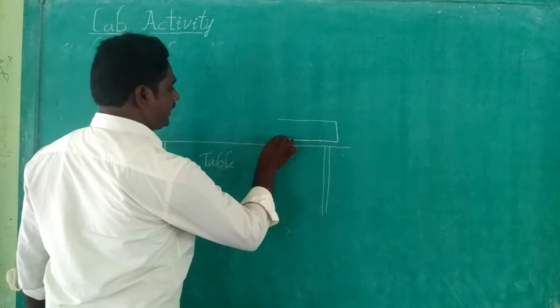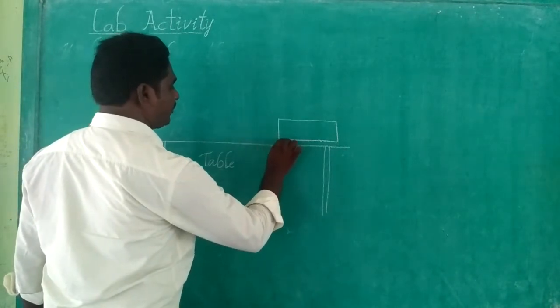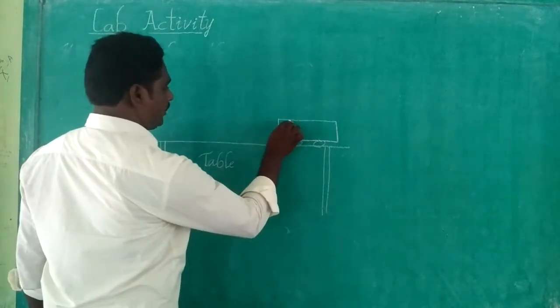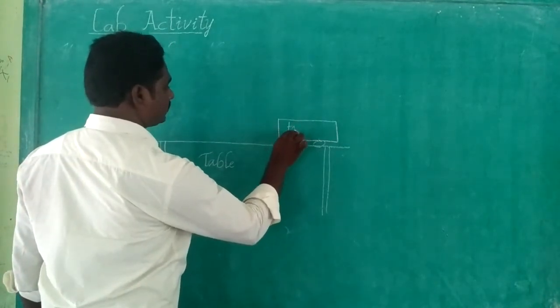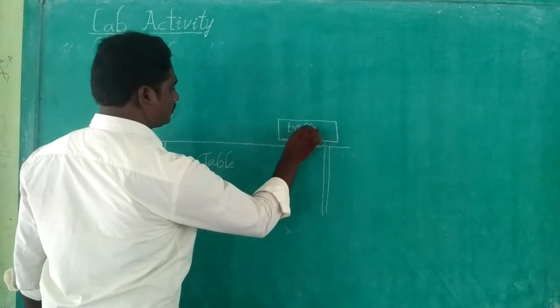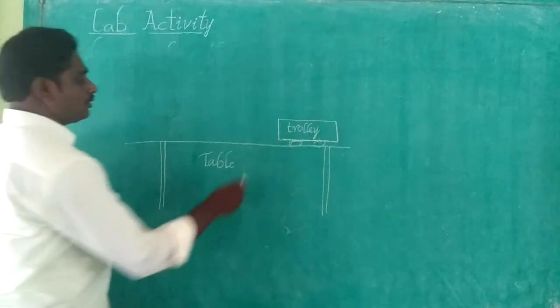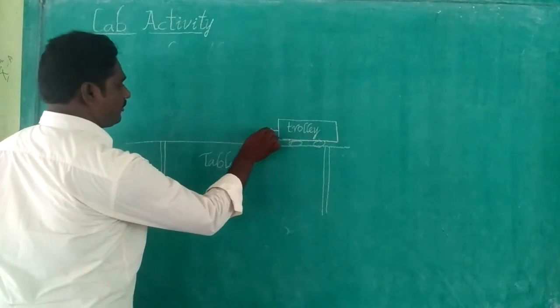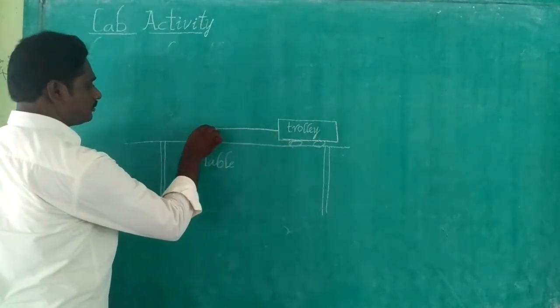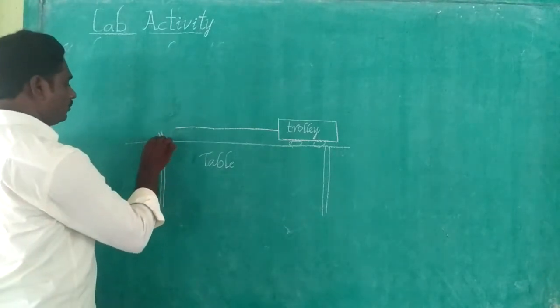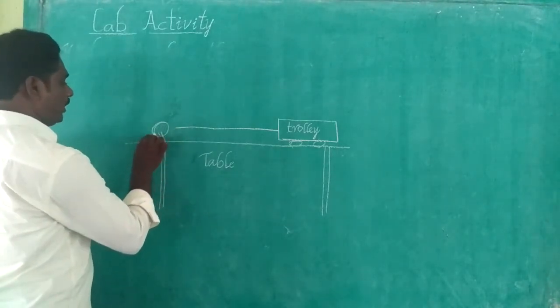This trolley is put on the surface of the table. This is a toy trolley. Next, this trolley is tied up with a string. This string is passed through the pulley.